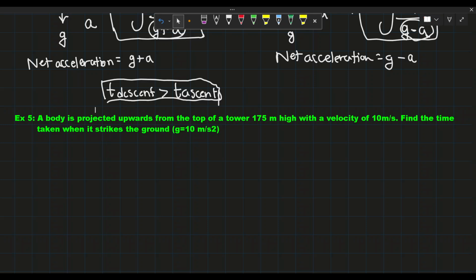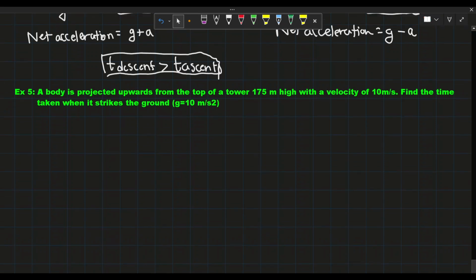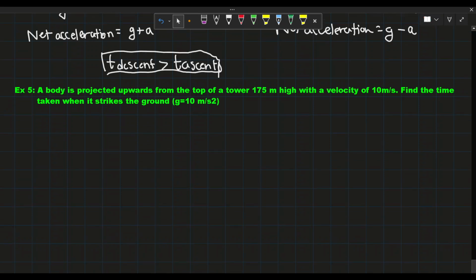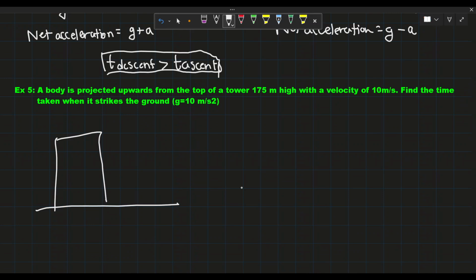A body is projected upwards from the top of a tower 175 meters high with a velocity of 10 meters per second. Find the time taken when it strikes the ground. So let's draw and see what's given in the question.